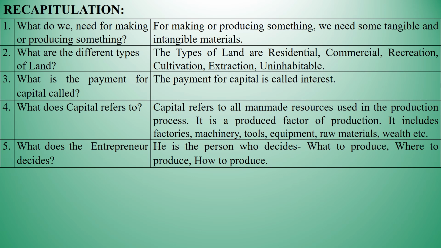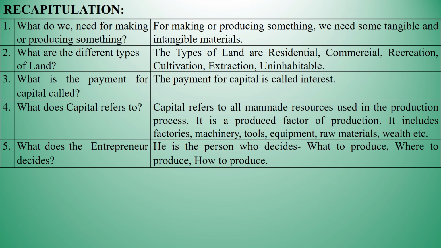The third recapitulatory question is, what is the payment for capital called? The student will answer that the payment for capital is called interest. The fourth recapitulatory question is, what does capital refer to? The students will answer that capital refers to all man-made resources used in the production process.